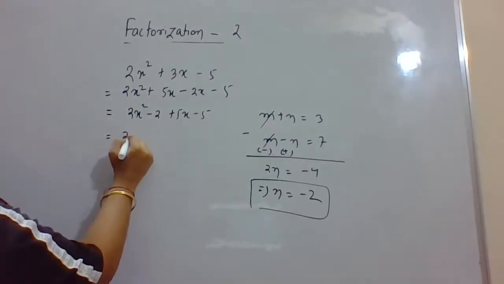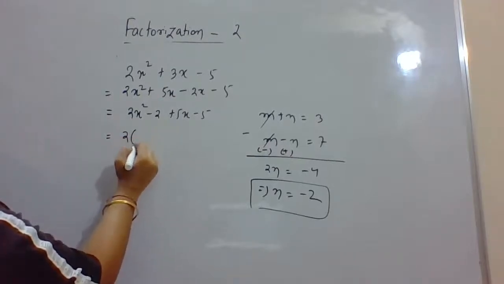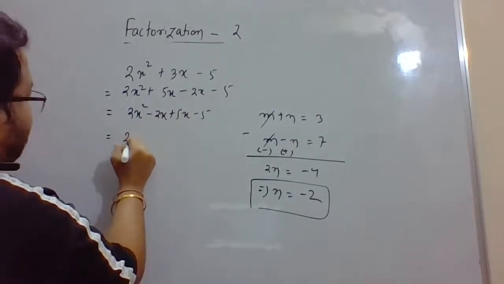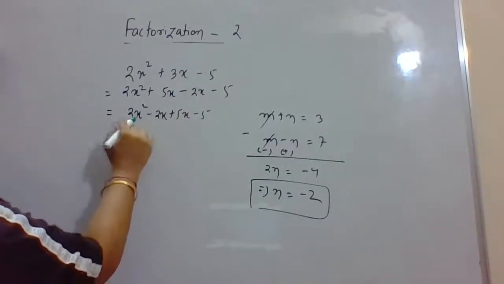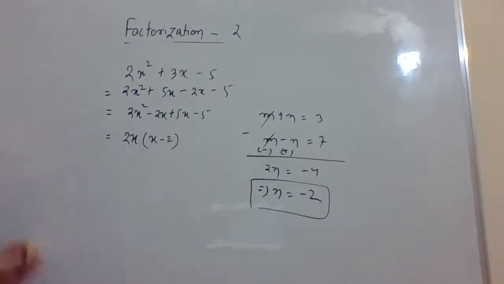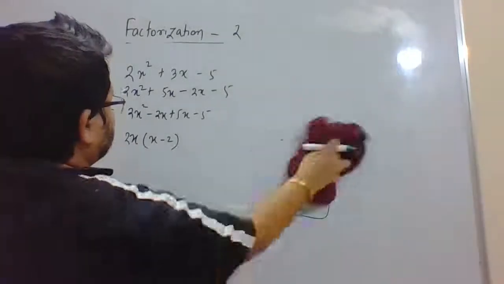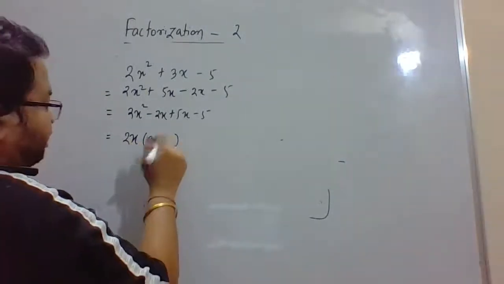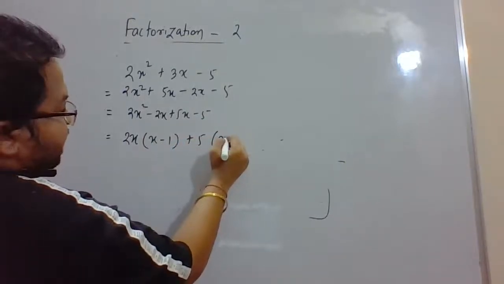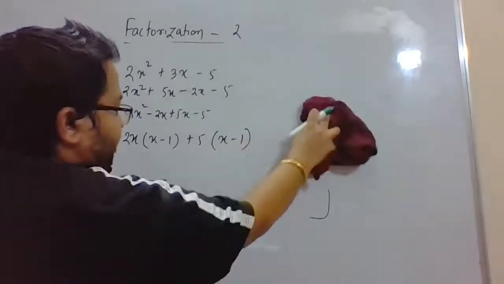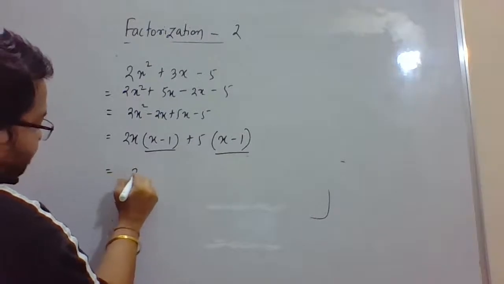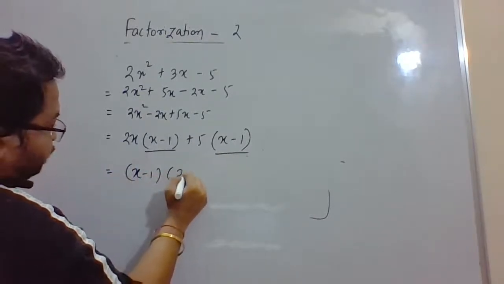If I take 2x as common between the first two terms, it would be x minus 1. And between these two terms, if I take 5 as common, it would be x minus 1. Now if I take this x minus 1 as common, then it will be x minus 1 into 2x plus 5.